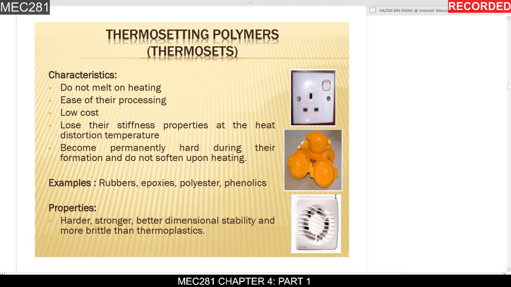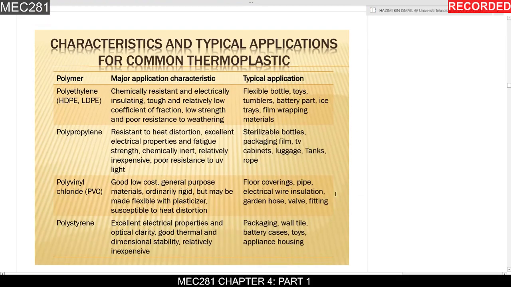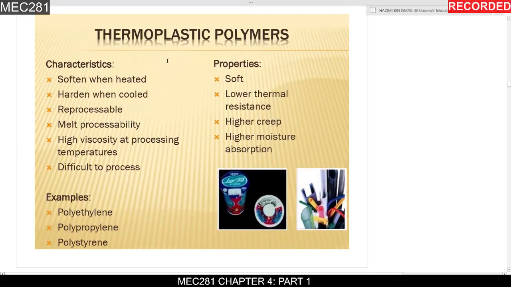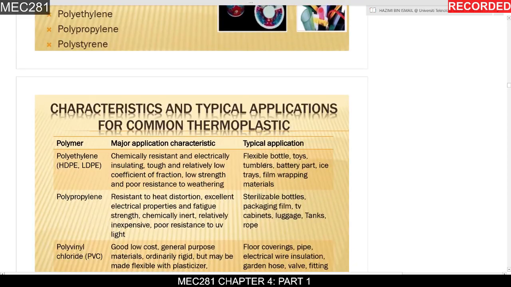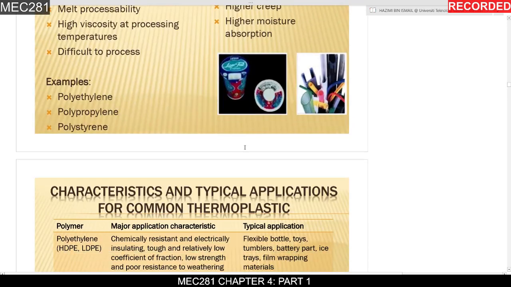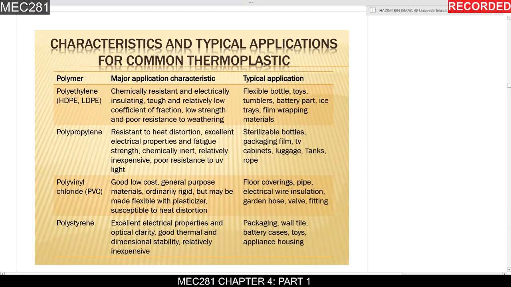Okay, and then for the thermoplastic here, basically where you find it is in packaging plastik, shopping mall plastik, plastik kedai, benda-benda macam tu kan. Okay, sebab apa?